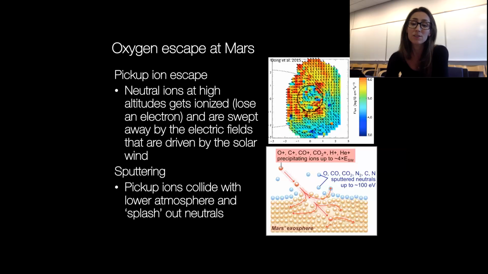Argon can only be stripped away by something like sputtering because it does not react with anything else. When you look at the argon isotope ratios in Mars's current atmosphere, we can tell that between 30 and 60% had to have been stripped out already. And there's only one way to do that, and effectively we think that's sputtering. So while sputtering is not one of the main drivers today, it is a really exciting escape process to study because it may have been the major source of atmospheric erosion early on.